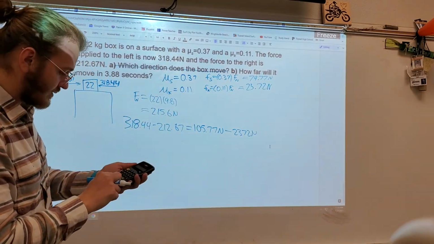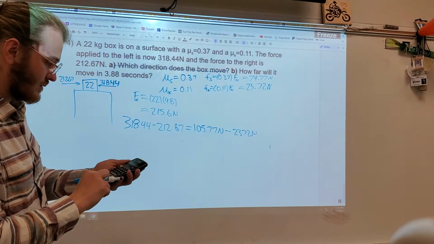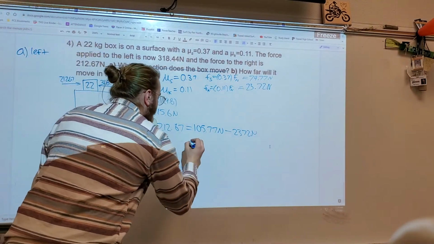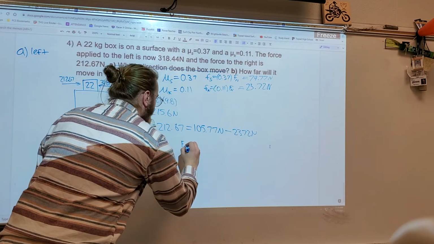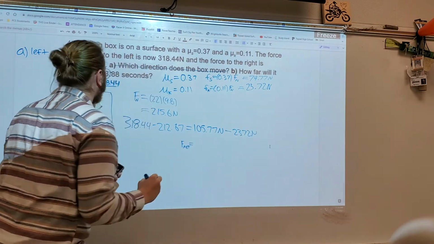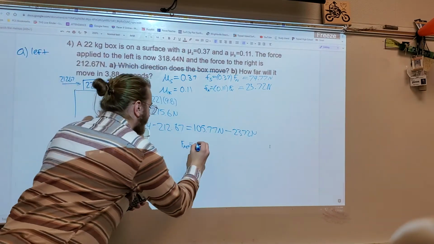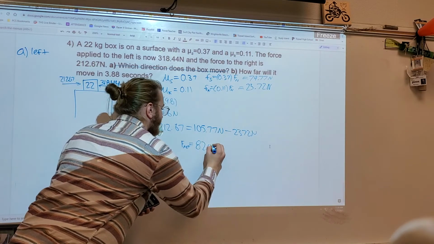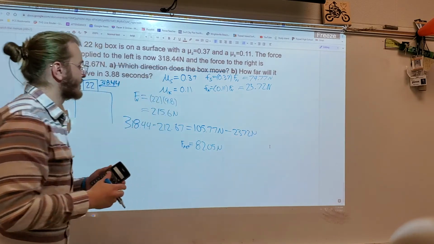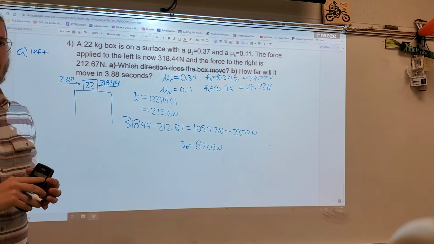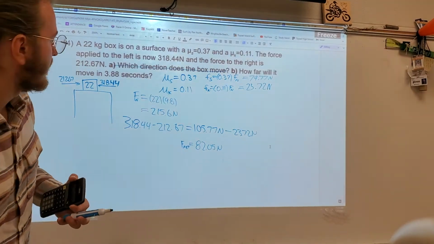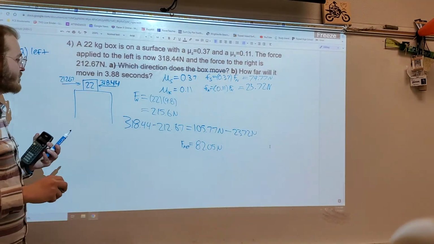So let's do that. That leaves us with an F net, or the total force that that box is feeling, of 82.05 newtons. Now, we just do what we did in the last problem.